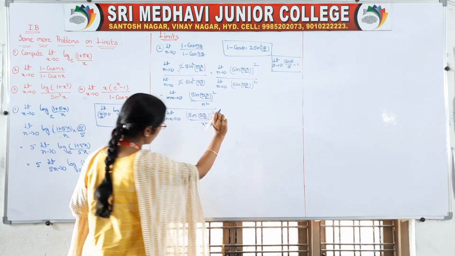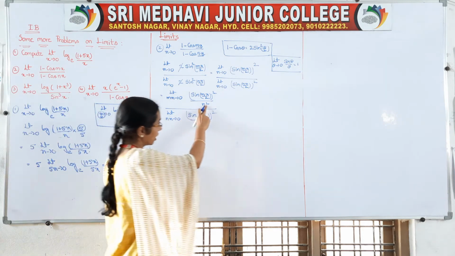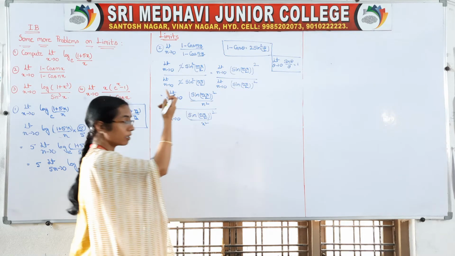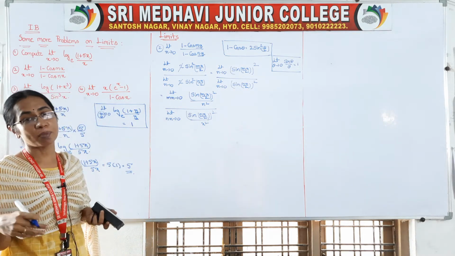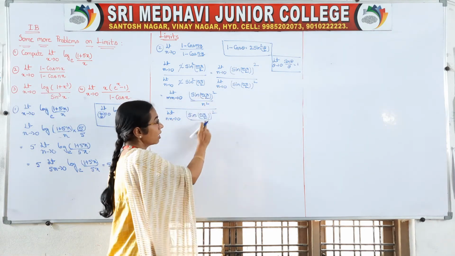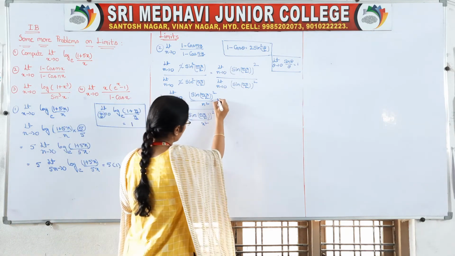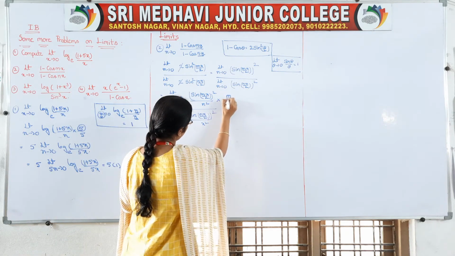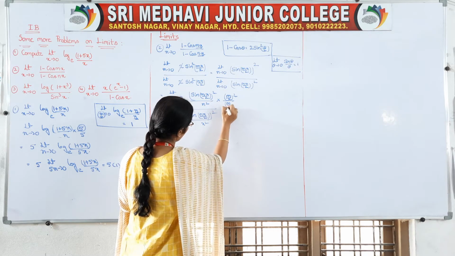This is whole square. So we want m square here, right? Or we can take m by 2 whole square at a time. First m square, next by 2 whole square. Why? We want m by 2 whole square here and we want n by 2 whole square here. So we will multiply and divide with m by 2 whole square, m by 2 whole square.